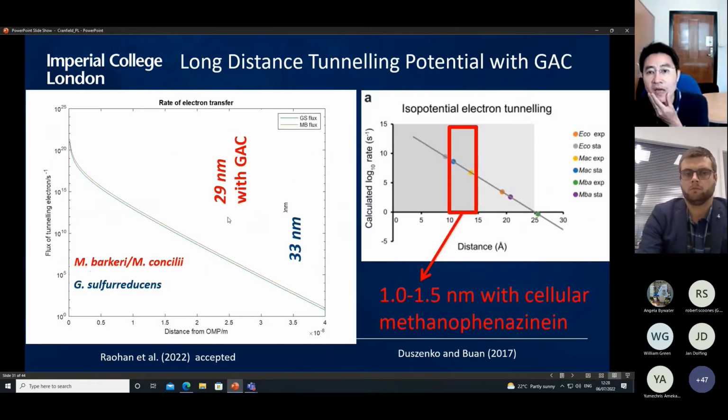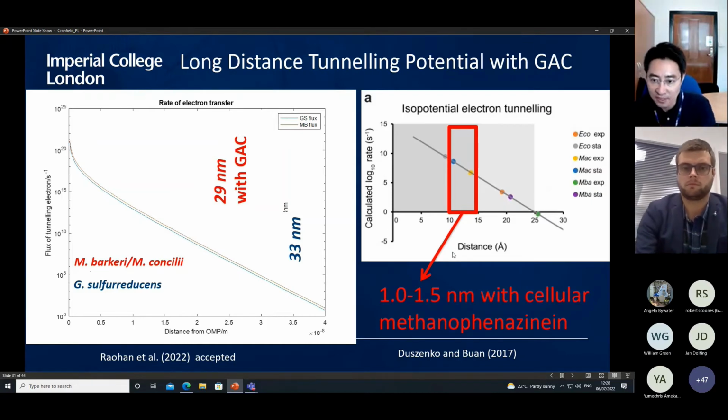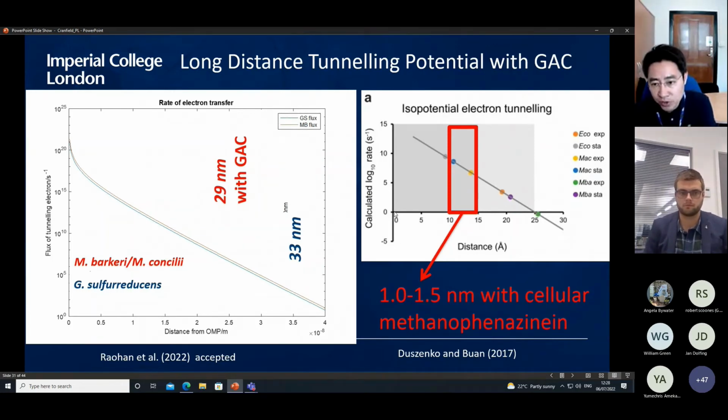I want to point out that there is one reference from the United States, University of Nebraska. They worked on pure methanogens, Methanosarcina, and wanted to find the tunneling effect in methanogens without any material, just pure methanogen.